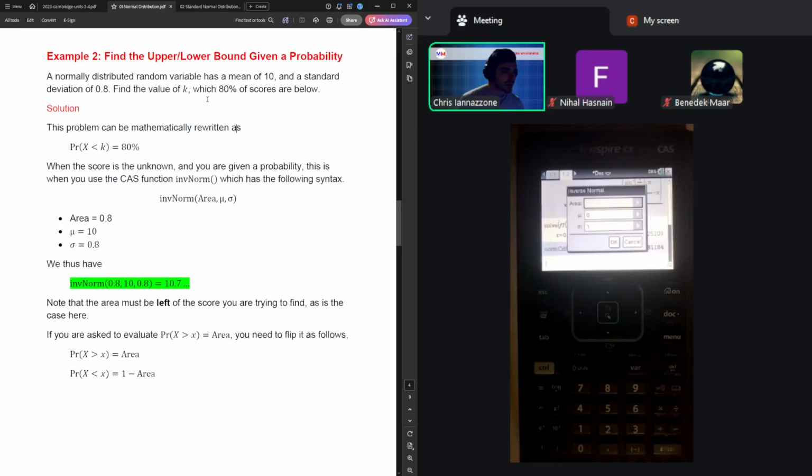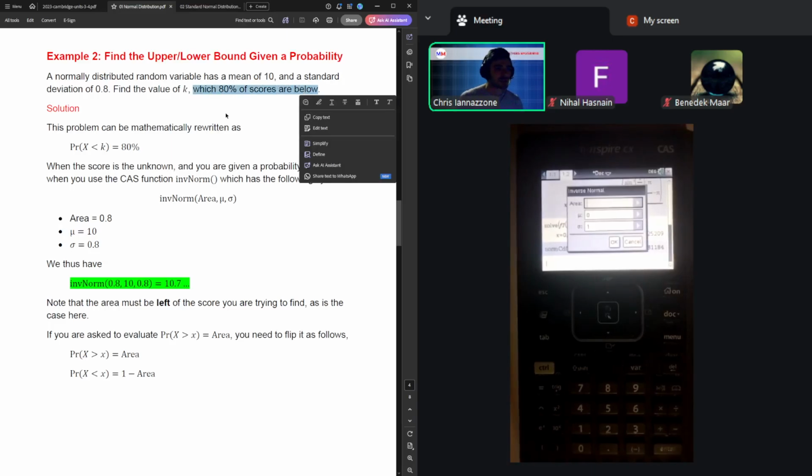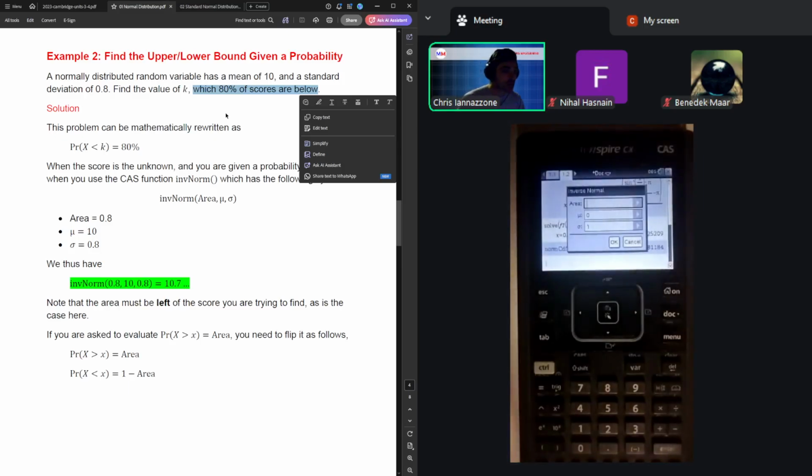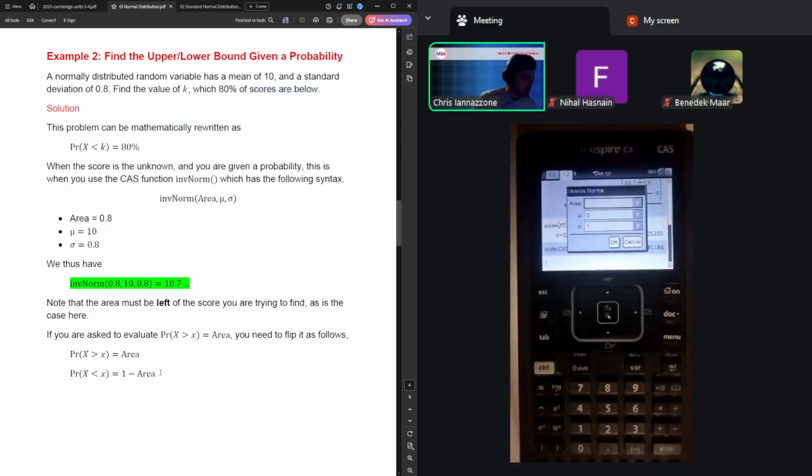In this case, it's already written perfectly: 80% of scores are below k. If it said above k, you need to rewrite that probability in a certain way such that you do have a less than symbol in there. And that will often be done by using a complement probabilities approach.